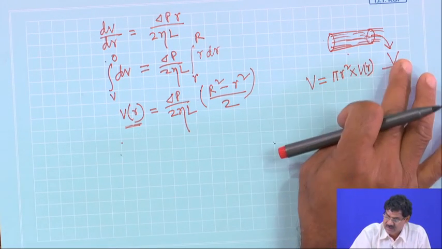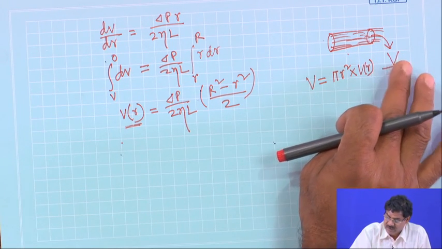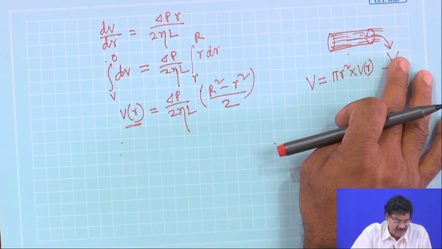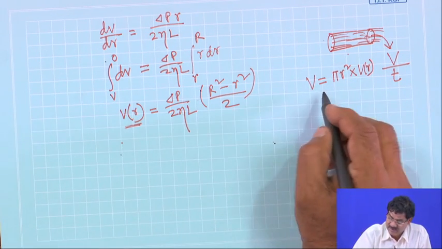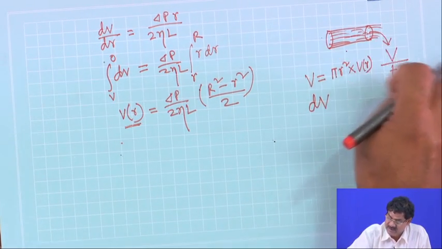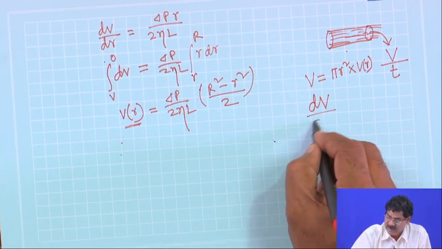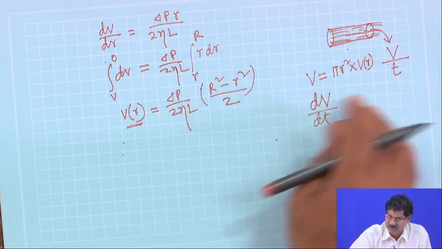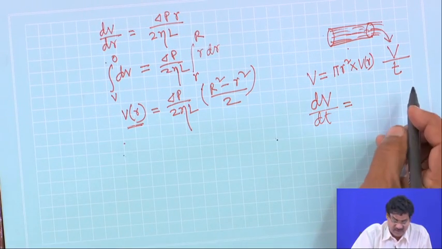This is basically in integration form, or it is the change of volume, whatever water is coming out per unit time. So, I can write dV by dt, the volume change per unit time or volume coming out per unit time.